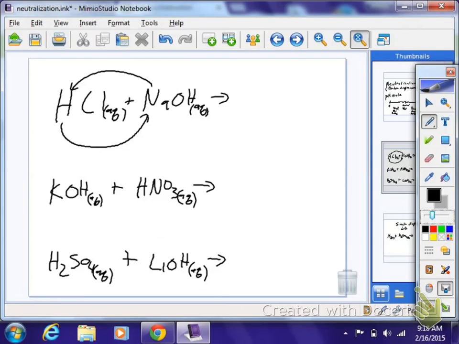So we make HOH. We don't write it as H2H, we write it as H2O. And then what's left over is your salt, NaCl. And we know all chlorides are soluble on that solubility chart, so that would be aq.